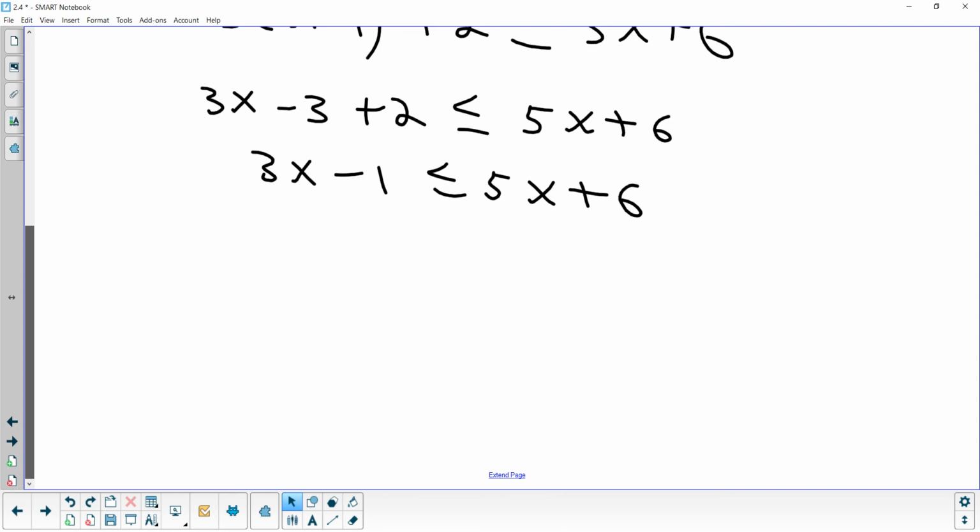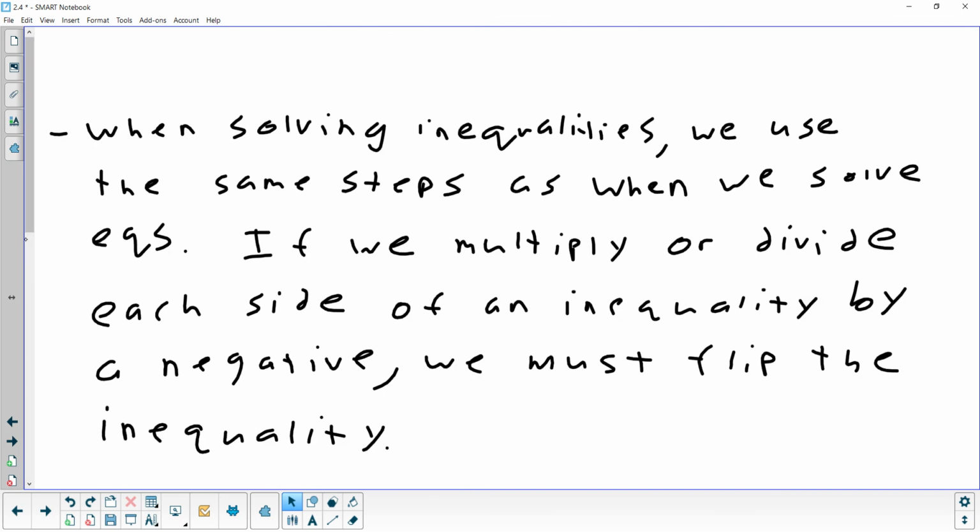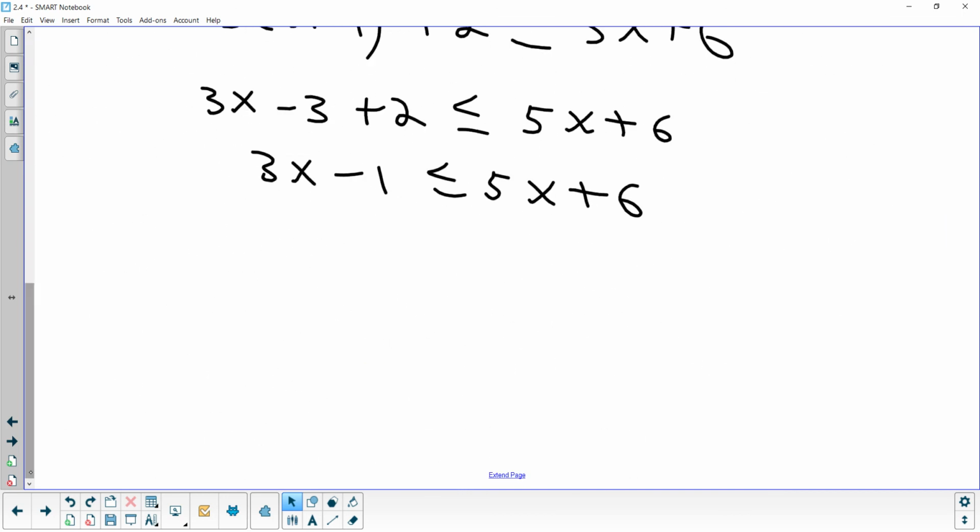So Bailey, if I want to get letters on the left, what would be my next step? Okay, so yeah, we can add 1. We're going to do that. And now, how would I put all my letters on the left? Yeah, it's good to do both of those at the same step.